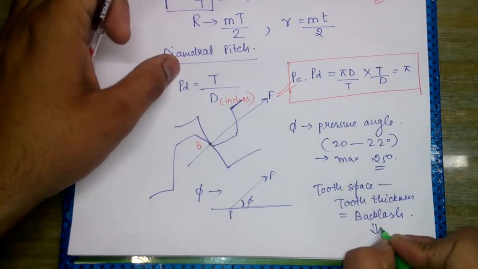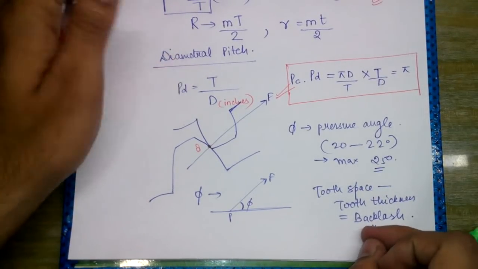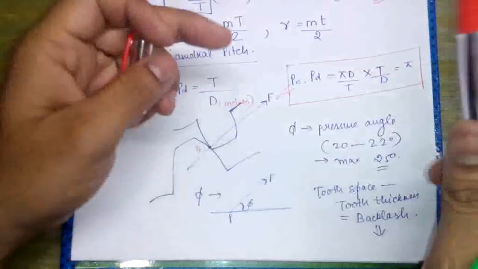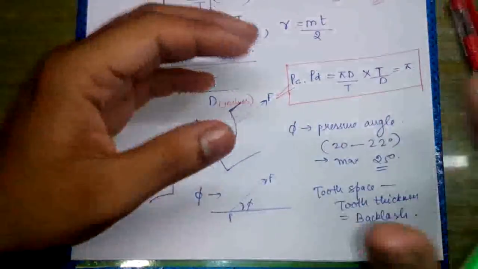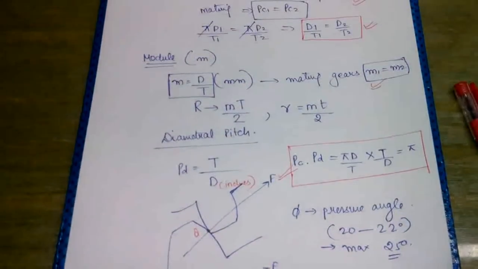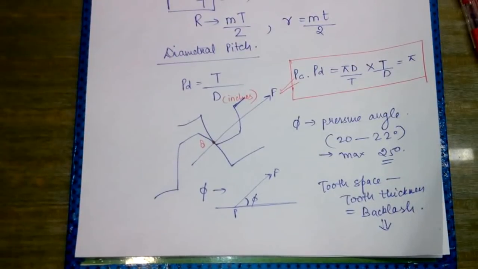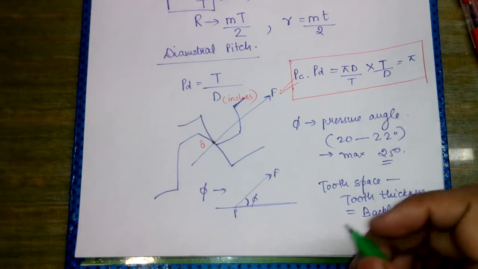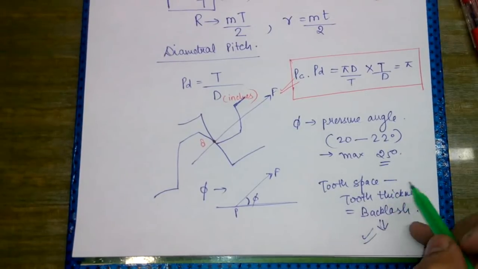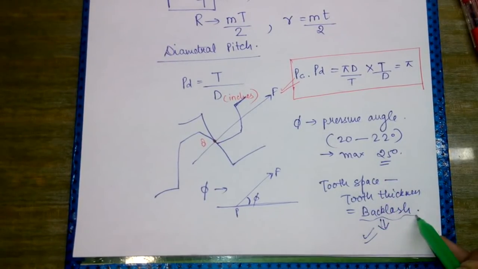The backlash is mainly provided to avoid any jamming of the teeth due to thermal expansion. When these gears are working, definitely heat would be generated, and because heat is generated there is a possibility of thermal expansion, and if thermal expansion happens, jamming can occur because the size of the teeth will increase or decrease slightly. Due to jamming, our gear can be destroyed, which is why we provide a backlash.